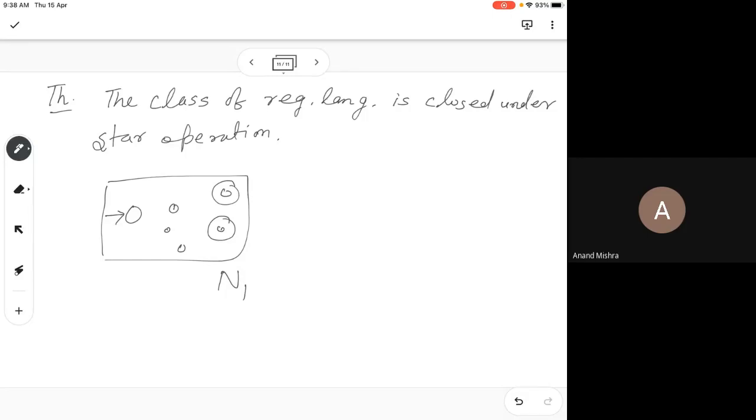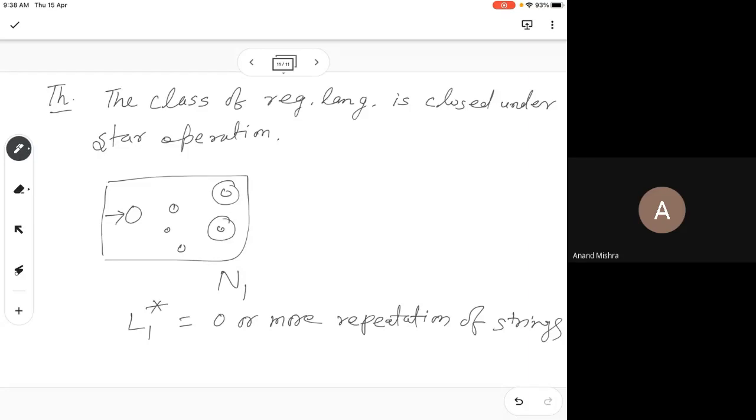So what is L1 star? 0 or more repetition of strings.